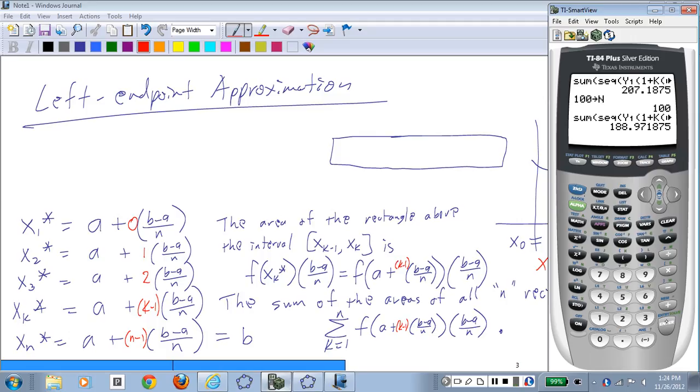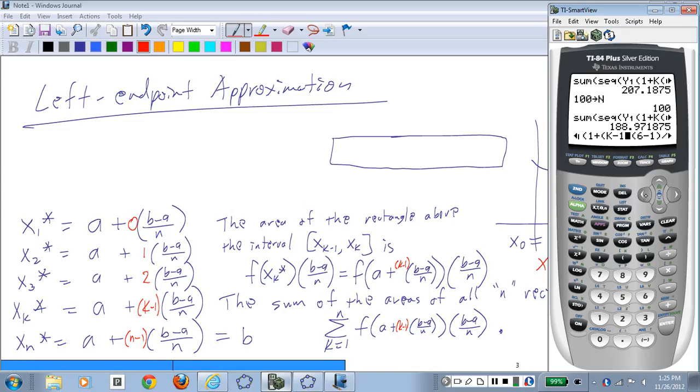Second entry. Let's see. That's just the variable, so that stays a k. This k right here turns into a k minus 1. So I need to insert a parenthesis in front of it, scoot to the right, and then insert a minus 1 on the back side of it, and a parenthesis.